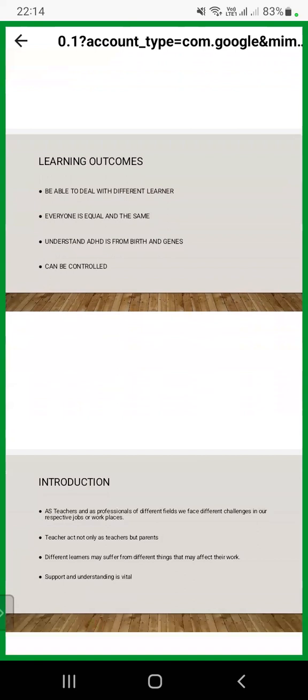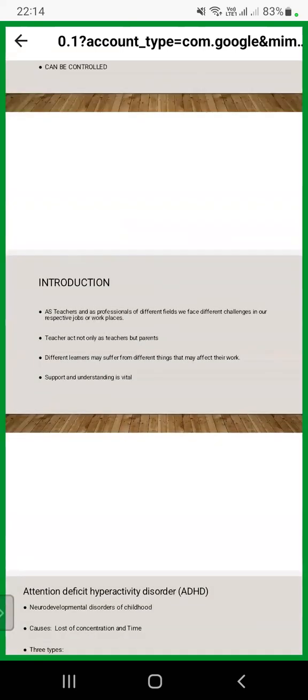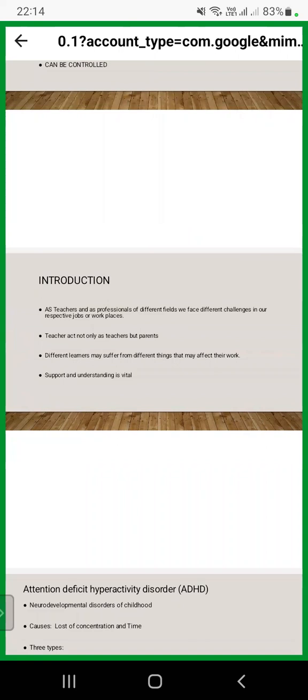So, introduction. As I said at the beginning, this is a very sensitive topic. In order for us as teachers to make learners feel included in each and every classroom and in every lesson that we put out in class, we have to be very tolerant.